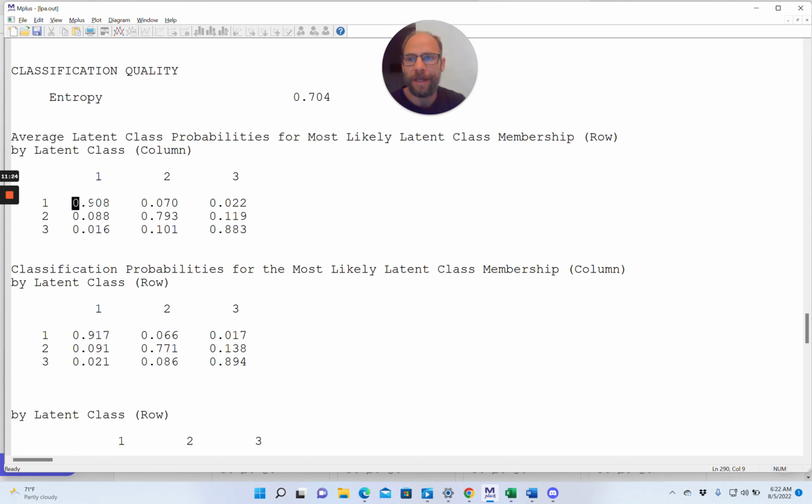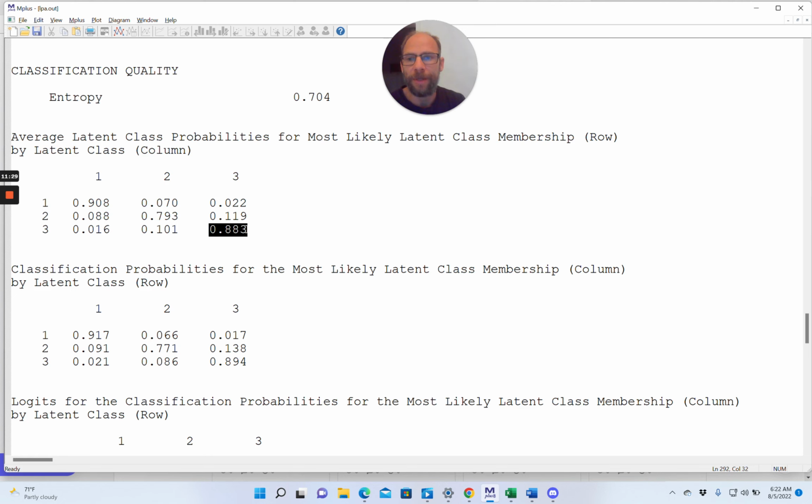So when you look at the diagonal here, this value and this value, these diagonal values indicate the average probability that was attached to individuals who were assigned to a particular class based on their most likely latent class membership probability estimate. And so you can see on average those individuals who were assigned to class 1 had a 90.8% chance of being in this class.